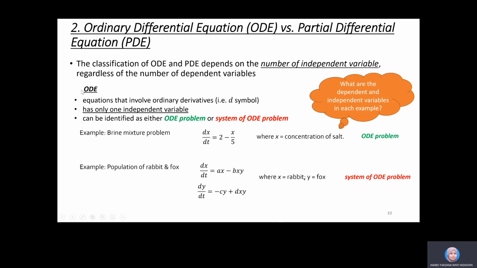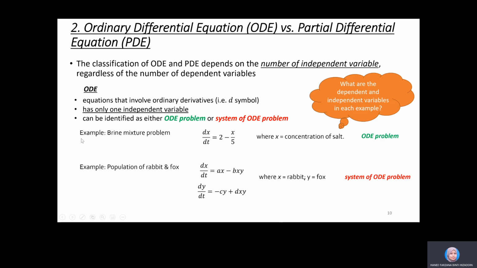ODEs are equations that involve ordinary derivatives, i.e. the full D symbol. They have only one independent variable, but can have many dependent variables. And it can be identified either as an ODE problem or a system of ODE problem.